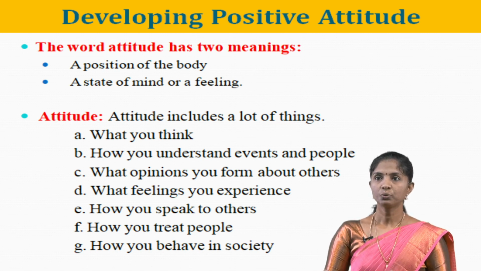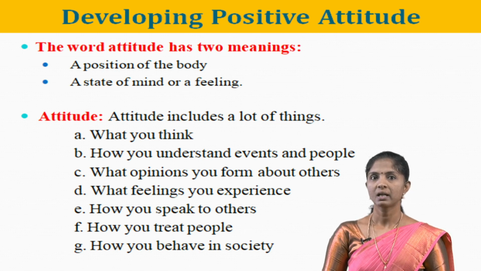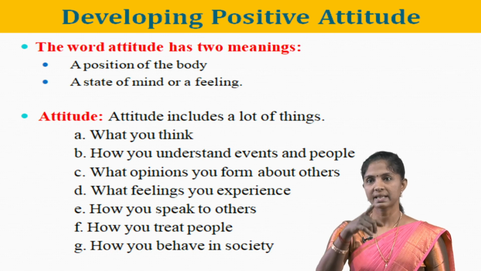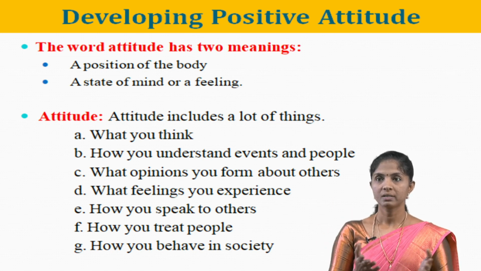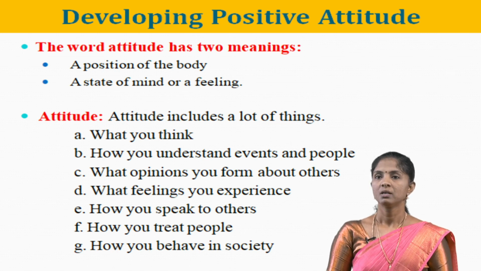Now let us discuss how to develop a positive attitude. The word attitude has two meanings. One is the position of the body, another one is the state of mind or a feeling. The second one is related to your subject, the state of mind or a feeling.